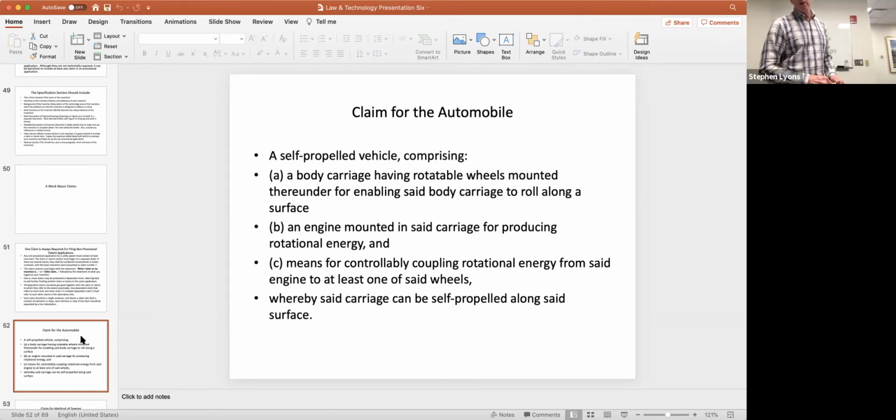B, an engine mounted in said carriage for producing rotational energy. C, a means for controllably coupling rotational energy from said engine to at least one of said wheels, whereby said carriage can be self-propelled along said surface. This is an actual claim for what they called at the time a horseless carriage. You can see some of the old language in there, but I thought it was an illustrative example of a claim because it shows how a claim just needs to be written in plain, straightforward language.